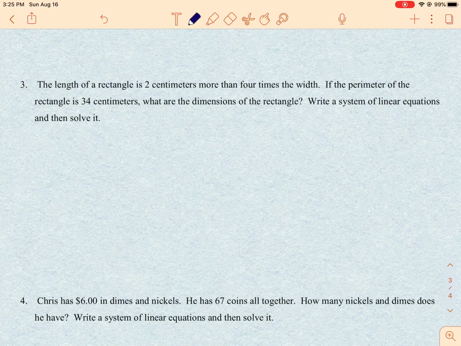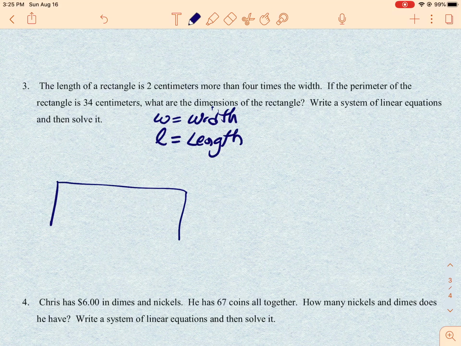One thing that I would say is, let's label the width to be W, and let's say the length would be L. So if I actually draw in a rectangle and I break down each sentence, it says the length of a rectangle, so L, is 2 centimeters more than 4 times the width.